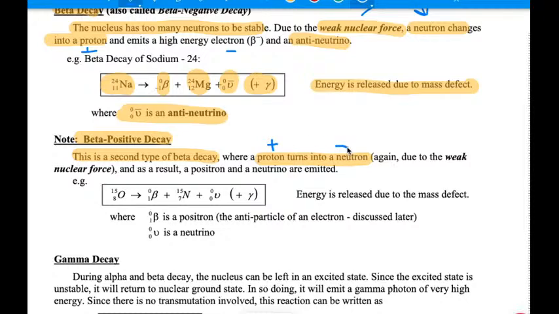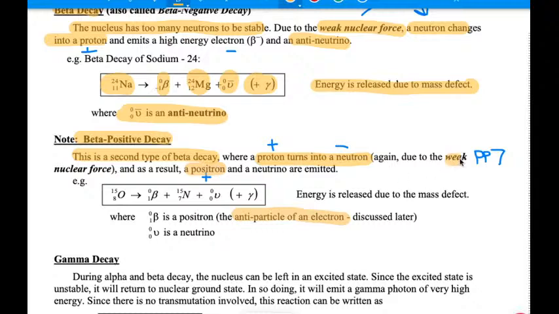So in order to respect our principle of physics number 7, our conservation of charge, we need to add a positron, which is an anti-electron. Positron is like an electron, but with a positive 1 charge.